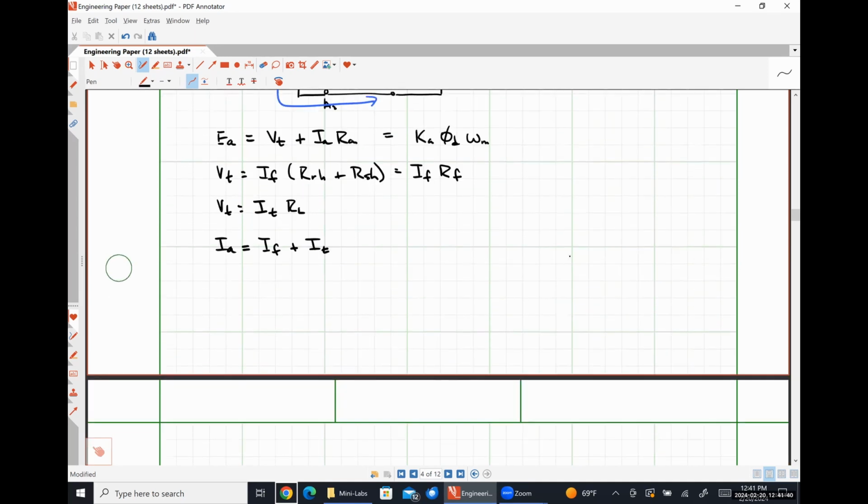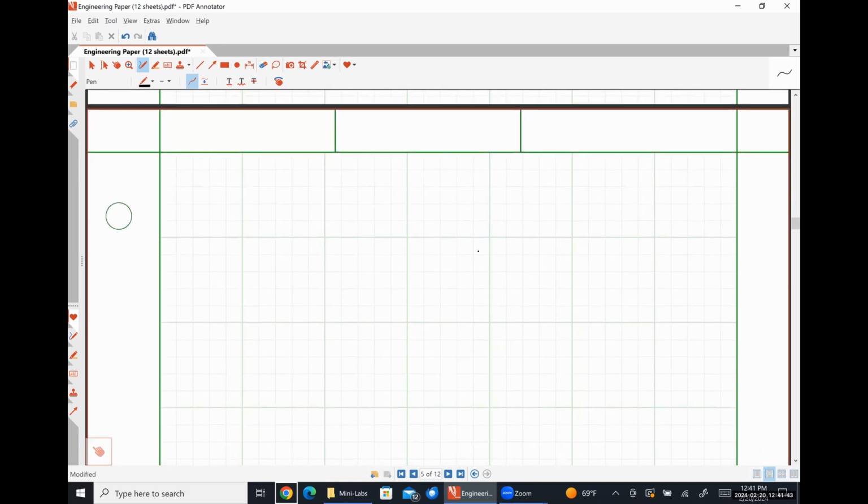And then lastly, for generators, we'll develop some equations for a self-excited series generator. So drawing my circuit out, I have A1, RA, EA, A2.